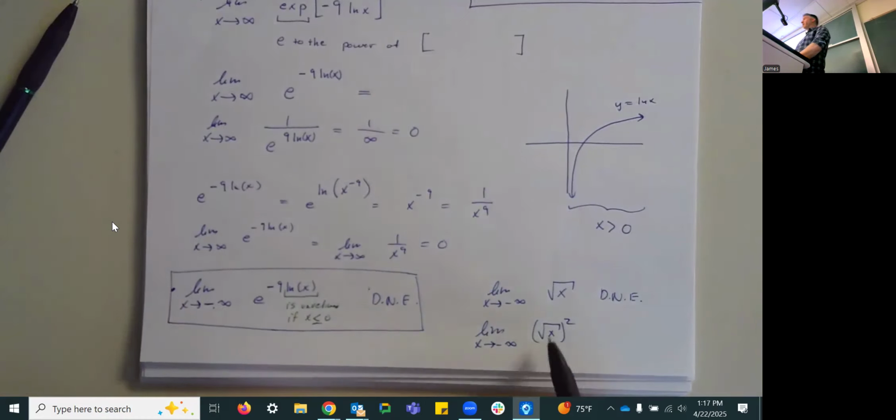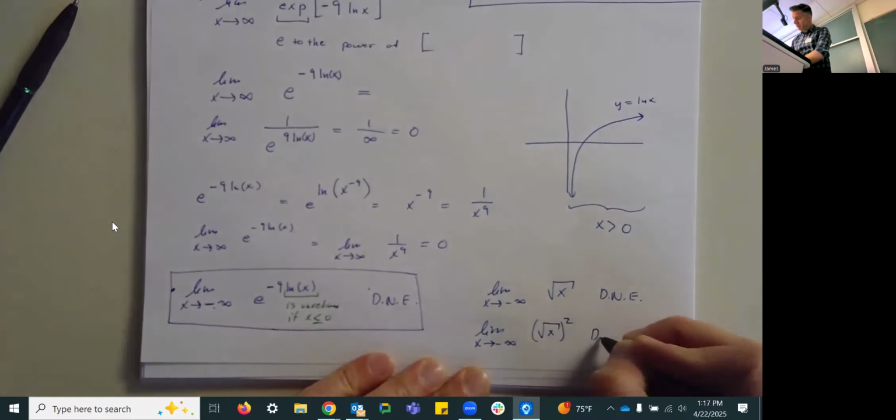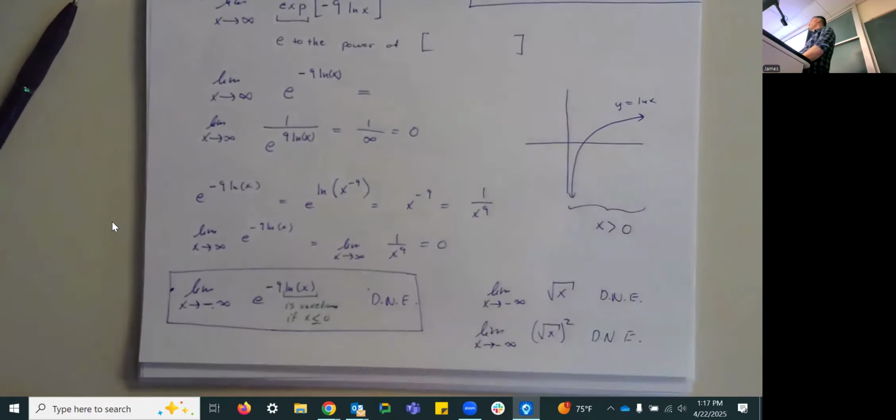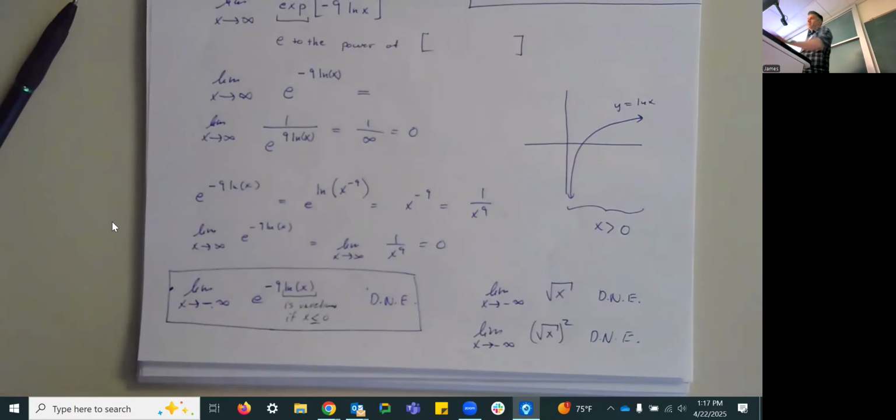We can't take the square root of a negative number. If you have the square root of x squared, your domain has to start off with x being non-negative. But that's a problem. This also does not exist. It's undefined. So sometimes those are actually issues.